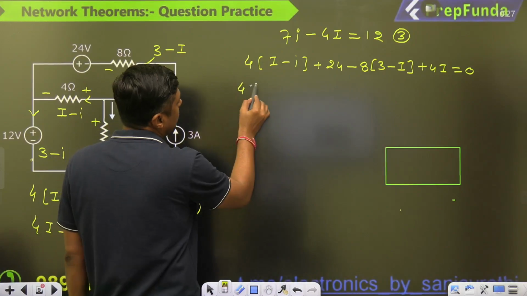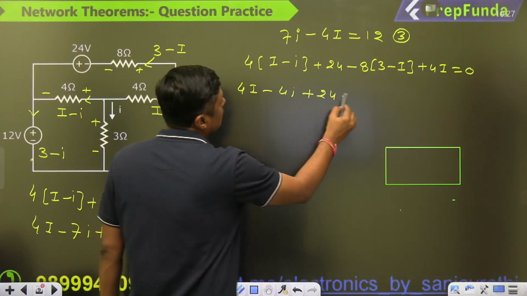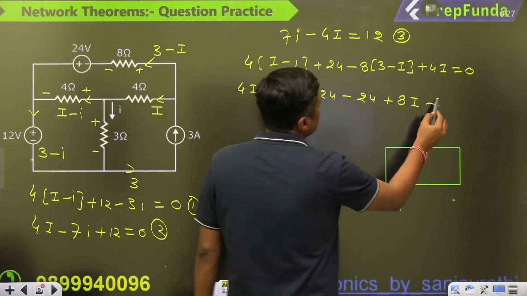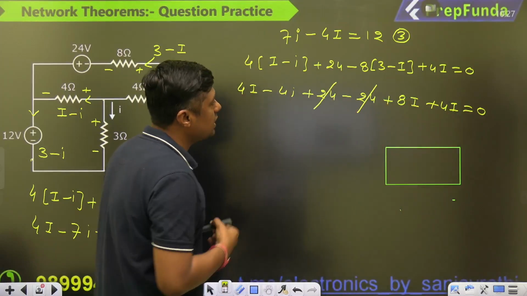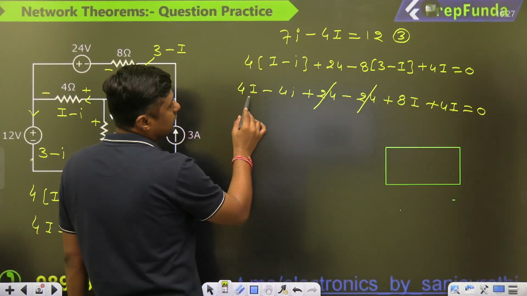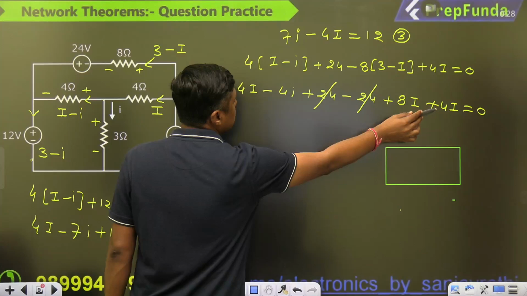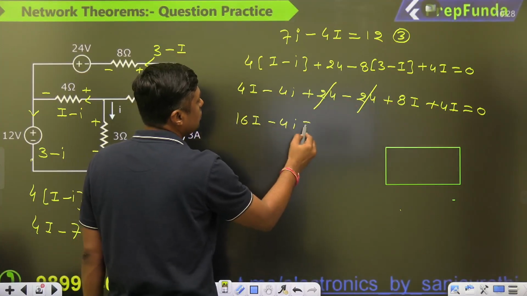It will become 4I minus 4i plus 24 minus 24 plus 8I plus 4I is equal to 0. This 24, that 24 cancel out, and you will get 4 plus 8 plus 4, that is 16I minus 4i is equal to 0.